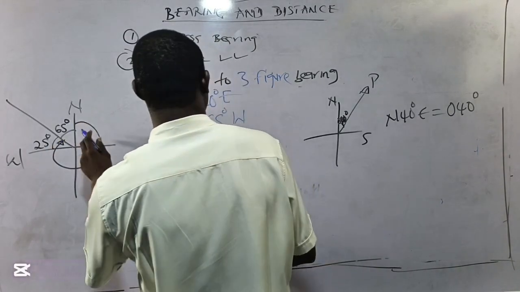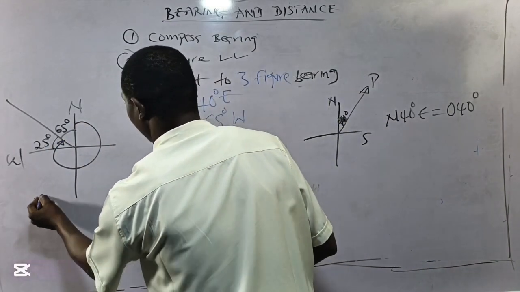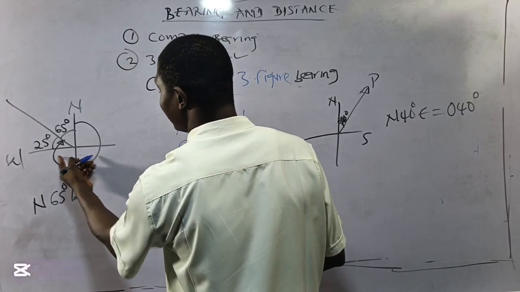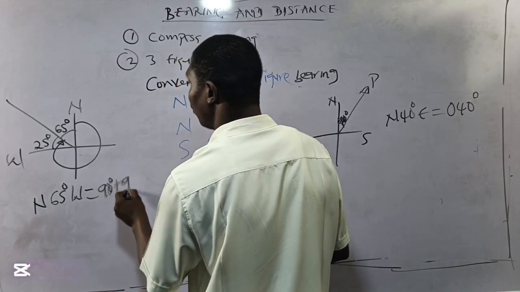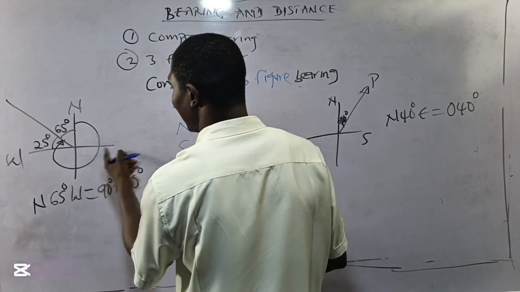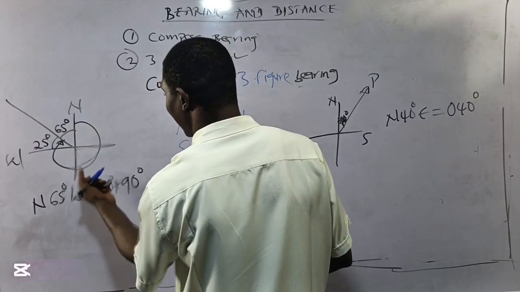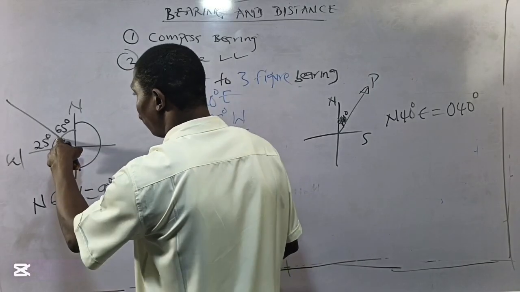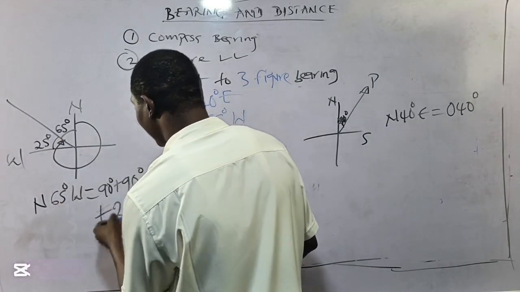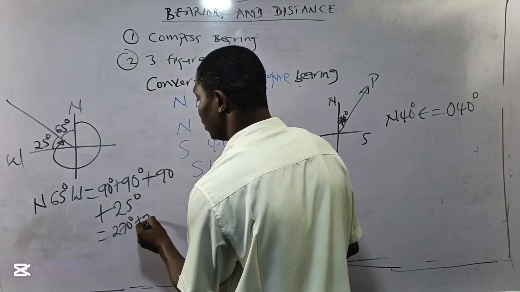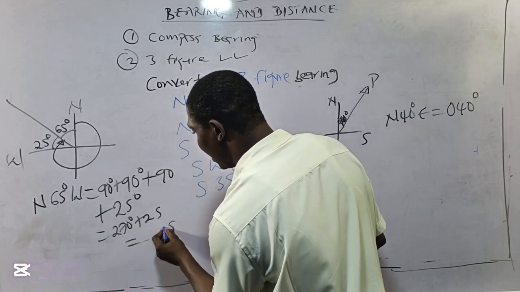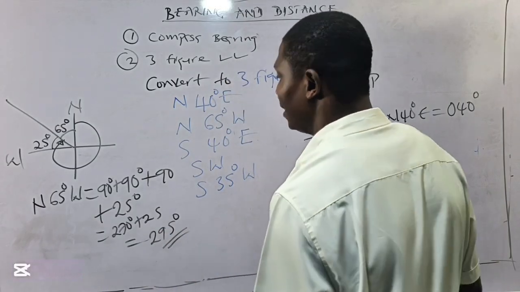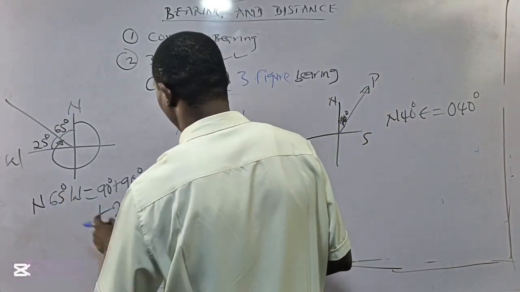So the equivalent of north 65 degrees west will be equal to 90 degrees for northeast, another 90 degrees for southeast, another 90 degrees for southwest, plus the little angle from there, which is 25 degrees. This is equivalent to 270 degrees plus 25 degrees, and if you add up, you have 295 degrees as the equivalent of north 65 degrees west.